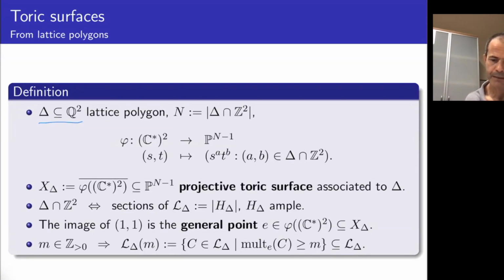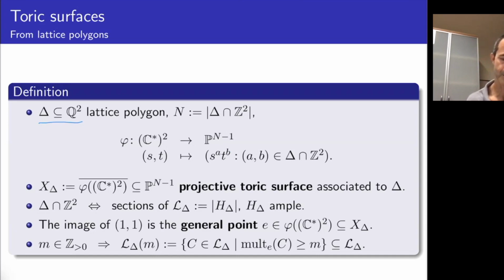Now we can define a map from the two-dimensional torus to the projective space of dimension n minus 1 by sending the pair (s,t) to the point whose coordinates are the products s to the a power times t to the b power, where (a,b) runs through the integer points of the lattice polygon.